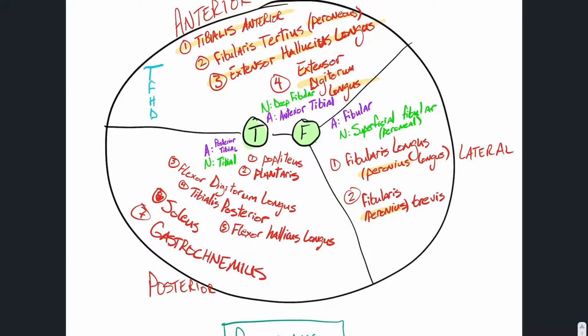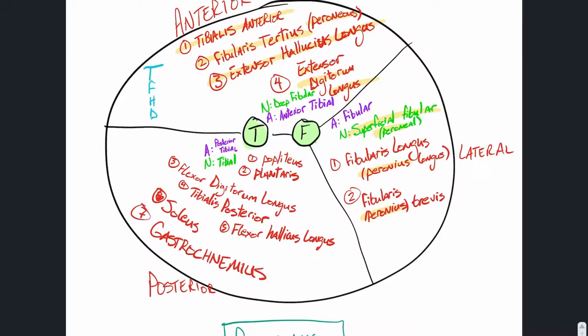These are innervated by what? The superficial fibular nerve, also known as the peroneal. And the artery that runs to that area, the fibular artery. So very simple. You can tell because the fibular artery is close to the fibula, right?